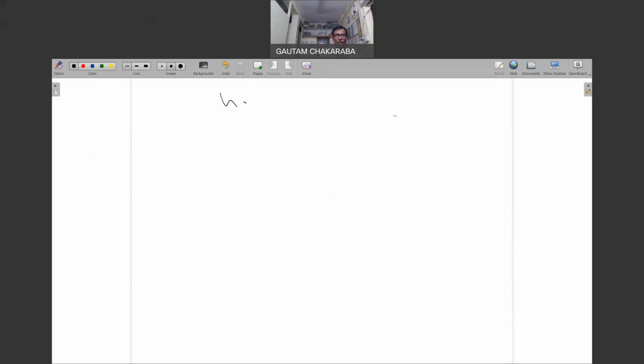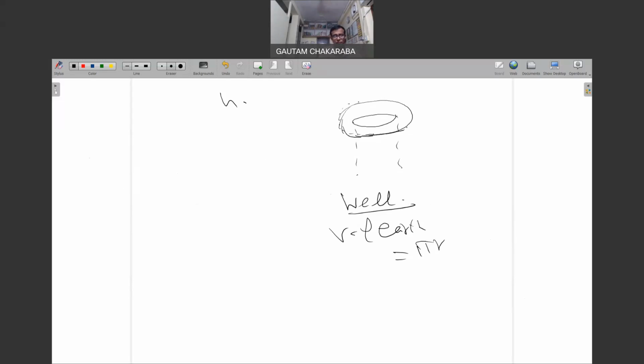Now question number 4. Same way, and it is also a well, and you make an embankment. Embankment, it is circular shape. Well, volume of earth, same way, you read the question first, then you do the solve.